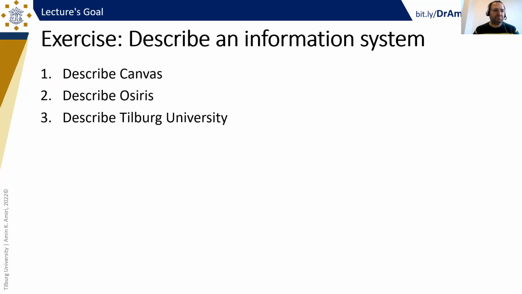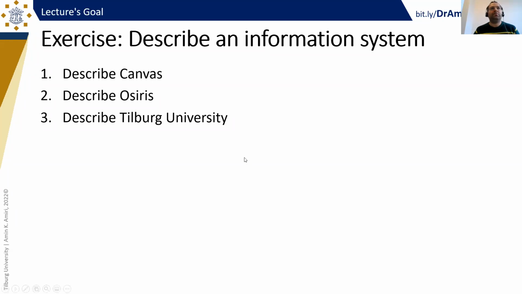Nice. So we start with Mohammed's definition, that it's a learning management system, and we add Yusuf's description of being a central place for students to get information about courses. We can do the same for Osiris, and we can also do the same for Tilburg University in general. Enterprise architecture and the Zachman framework are about describing an organization or an information system.